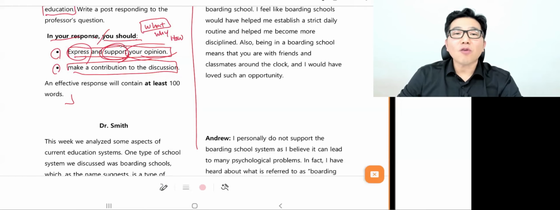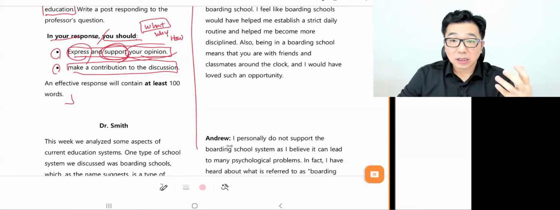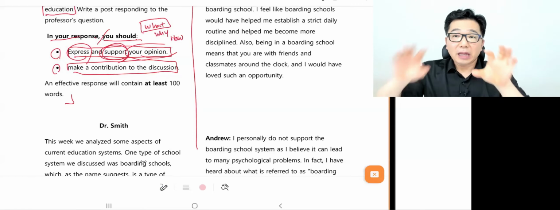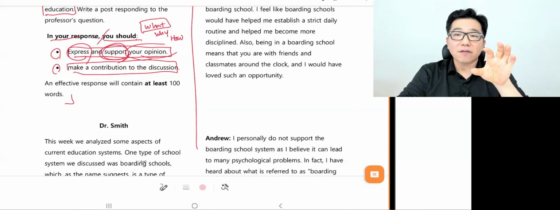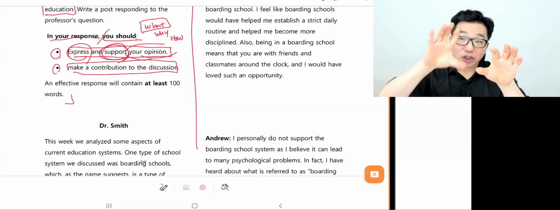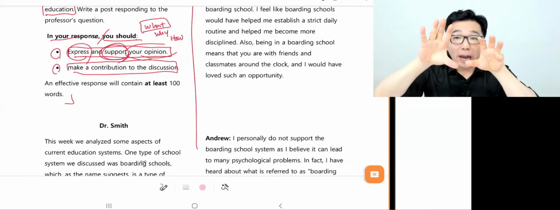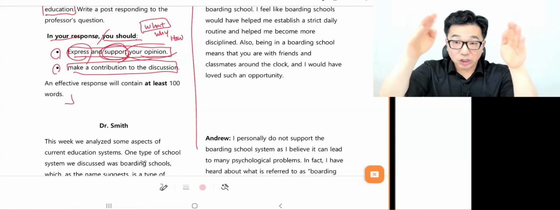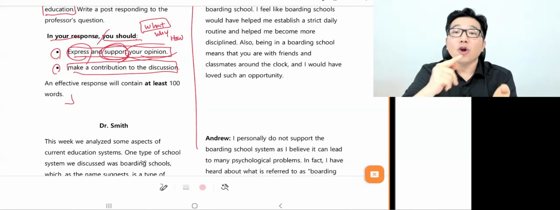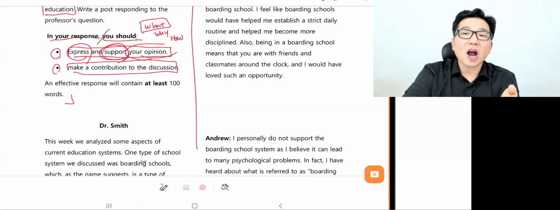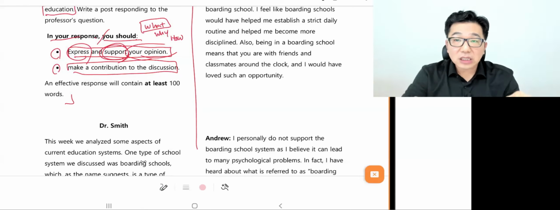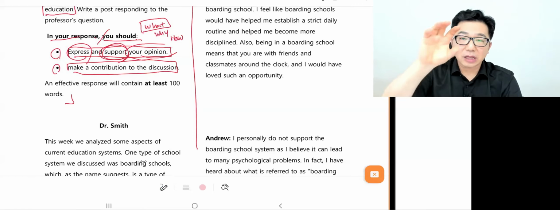So for this writing task, there is a discussion already taking place. The question is given, and 2 students have contributed, started this discussion by giving their own answer. So this is a discussion in existence. And your answer should be making a contribution to this discussion. 1 question and 2 answers.